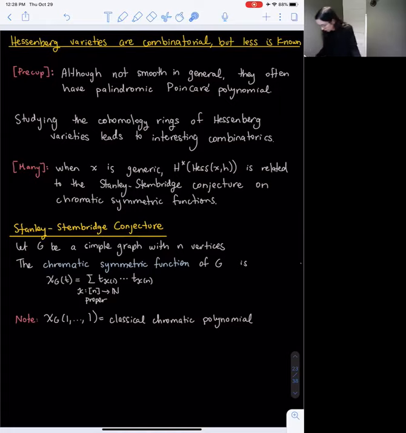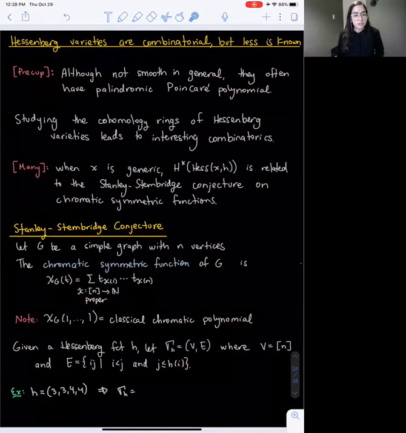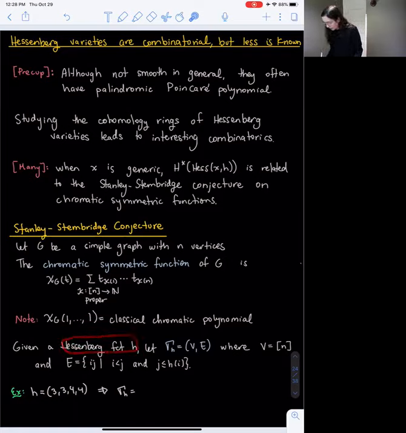Okay. And the Stanley-Stembridge conjecture is not really concerning all possible graphs. It's restricting to a certain family of graphs. If you give me a Hessenberg function, you can construct a graph associated to it, where the number of vertices is n, and you have edges whenever i is less than j, and j is less than or equal to h(i).